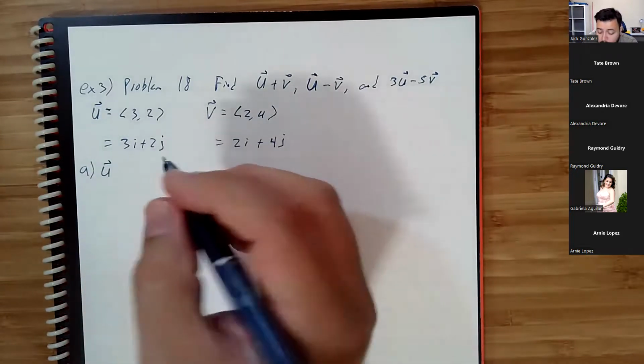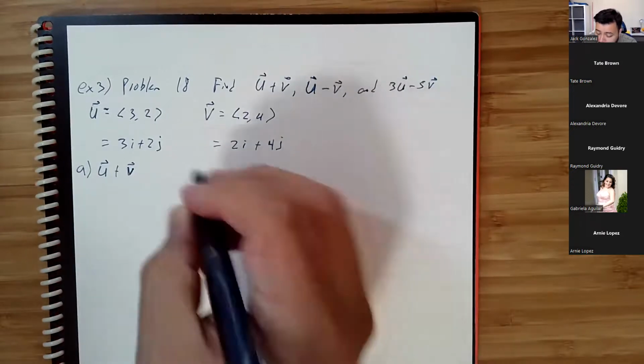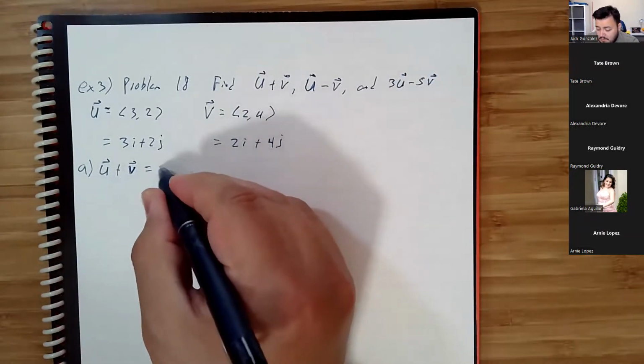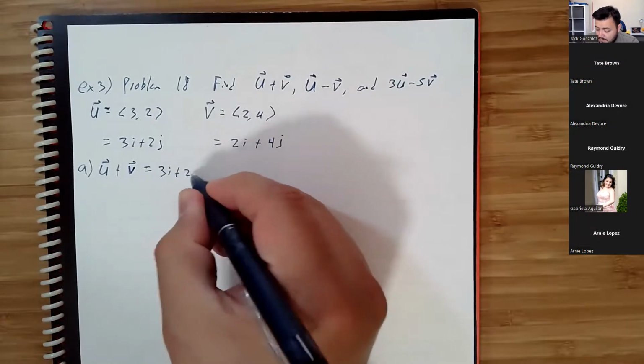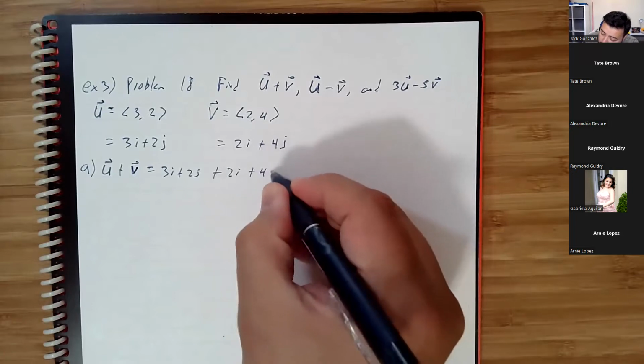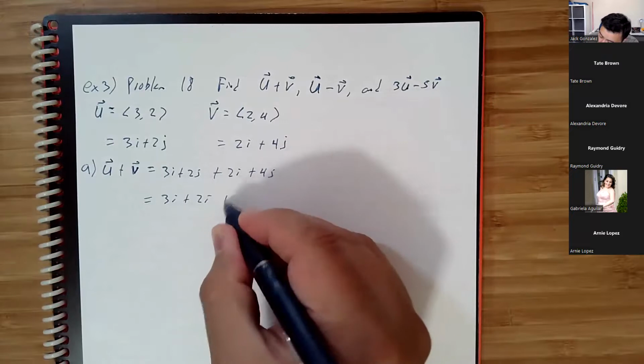All right, so part A, u plus v. I showed you how to do it geometrically. Analytically, it's just adding these pieces. They're easier to do if you have it in this notation. So just add the i's together and the j's together.